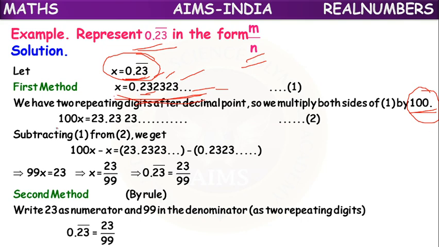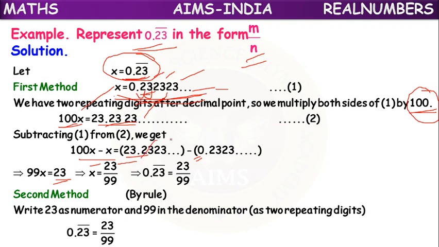So what will it become? Left hand side, 100 into x, 100x. Right hand side, the point will shift 2 places: 1, 2, 23 point, 23.2323. Let us subtract 1 from 2. LHS minus LHS, 100x minus x. RHS minus RHS, 23 minus 0, the integral part results in 23.